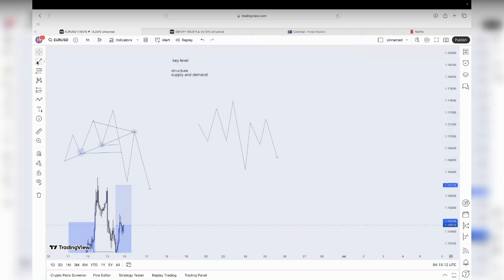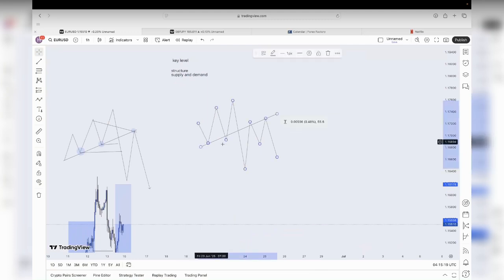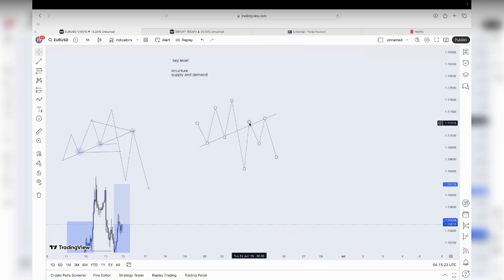Now I can draw this line like this and say this is my psychological level.